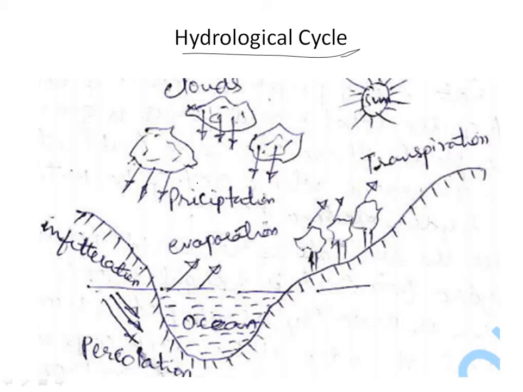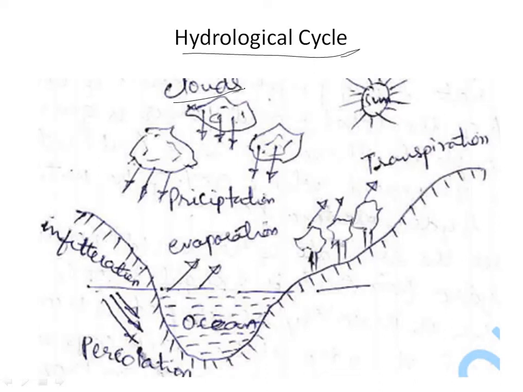Hydrology, the science which deals with rainfall and runoff, is known as hydrology. Evaporation of water from the surface of rivers and oceans and its precipitation over the earth is known as hydrological cycle. Water is evaporated from plants, rivers, oceans and carried with air in the form of vapor, which is known as clouds.